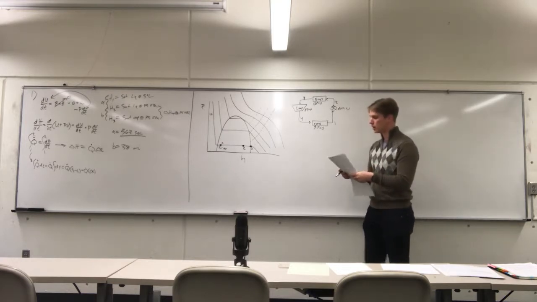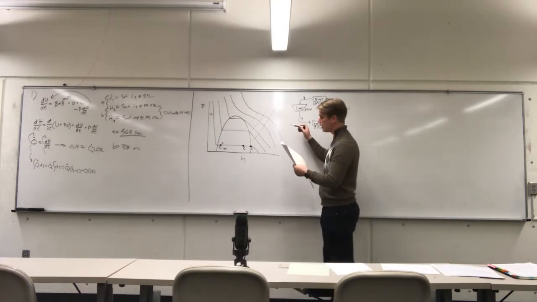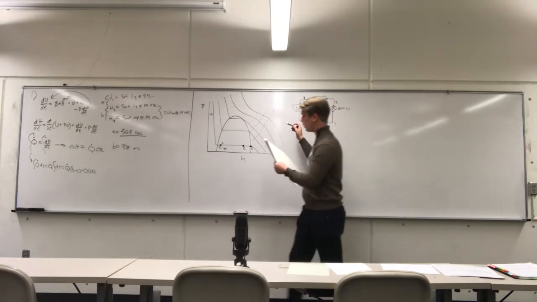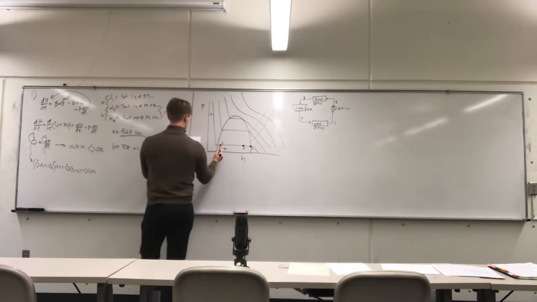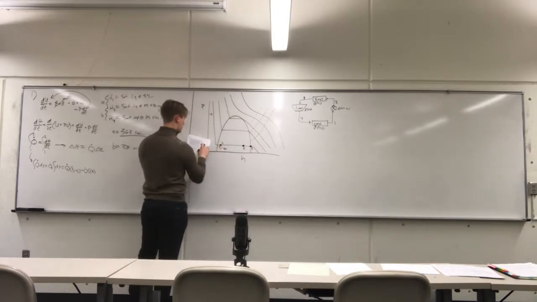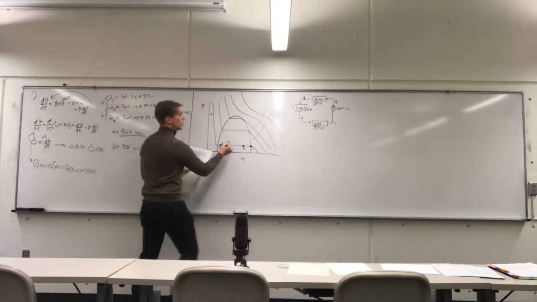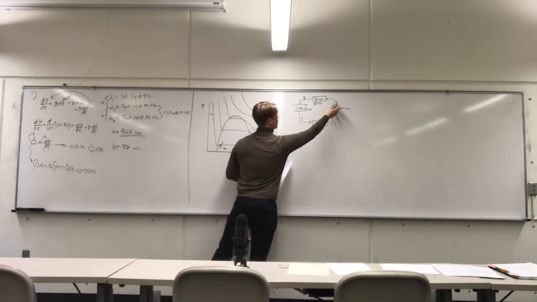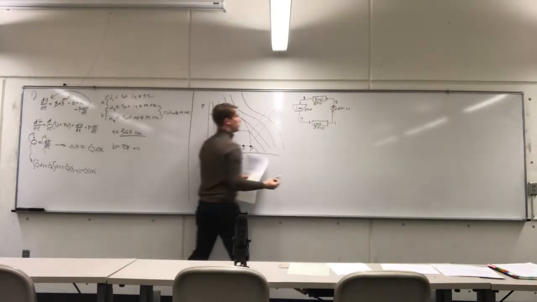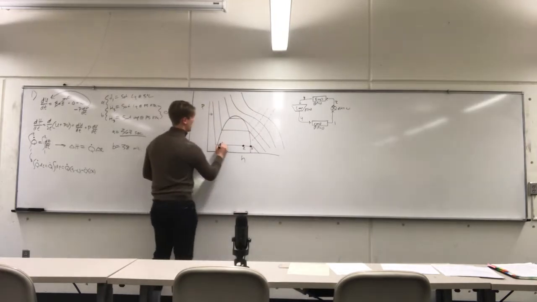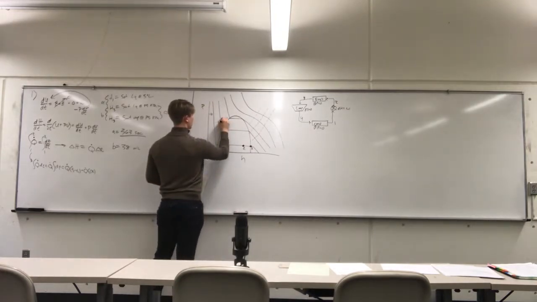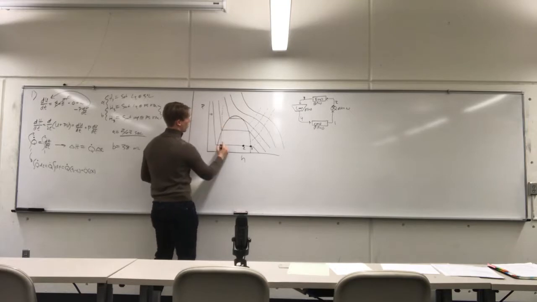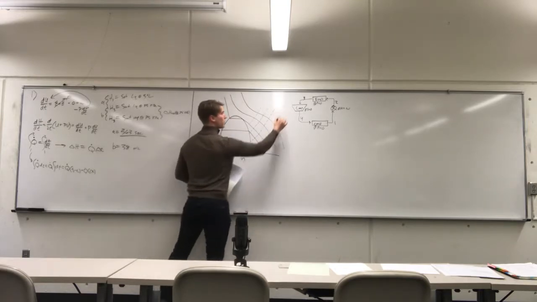So we have to look at steps 2 and 1 and work back out. Going from 2 to 1, from after to before the isenthalpic expansion, this is a vertical line. So point 1 is somewhere over here. Point 4 is somewhere over here.